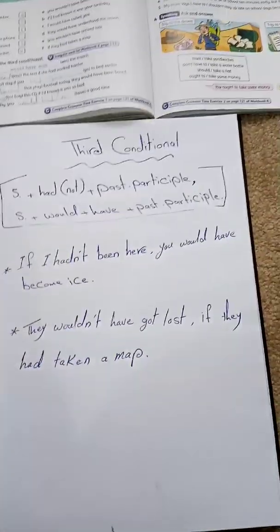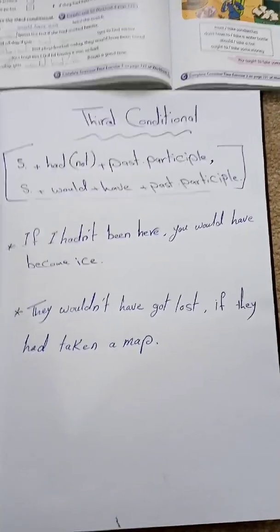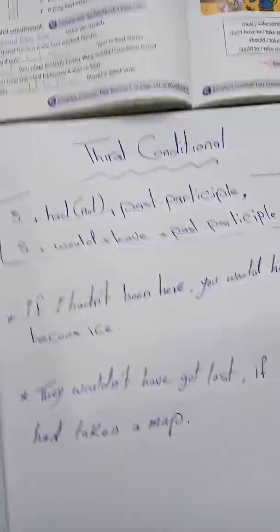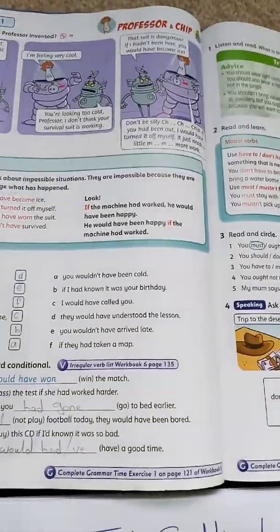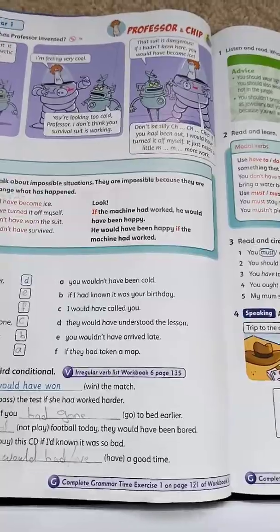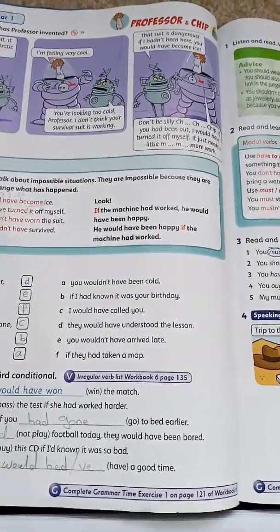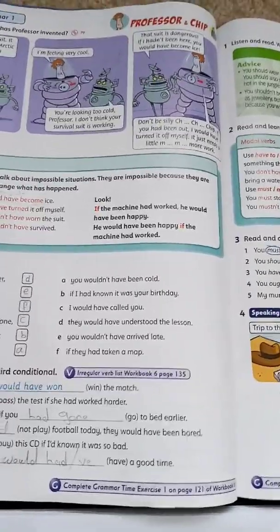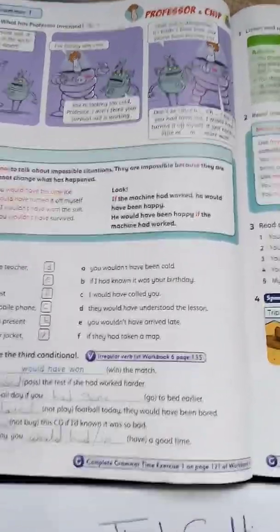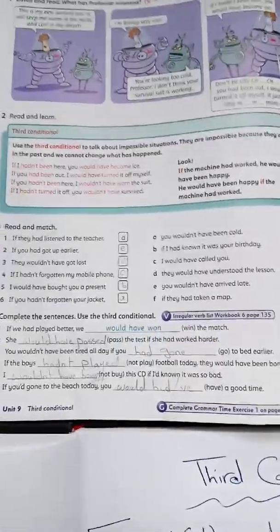They wouldn't have got lost if they had taken a map. Okay. Look, if the machine had worked, he would have been happy. Or we have, he would have been happy if the machine had worked. So we can write by the first rule, or we can change the places.